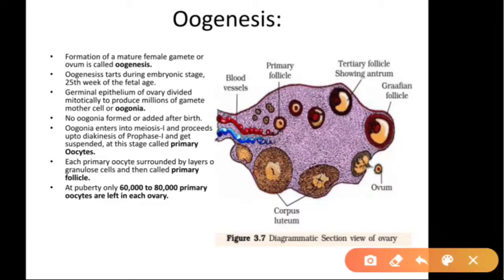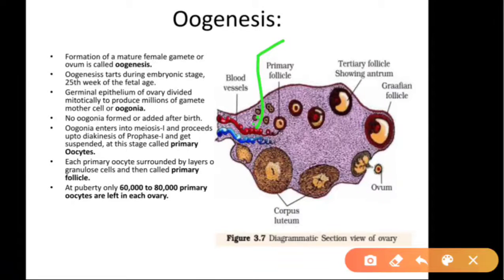Here you can see the detailed structure of the ovary. This is the ovary. You can see here there are many ova. Oogenesis starts before birth, during embryonic development of the female baby, and the germinal epithelium of the ovary divides mitotically to produce millions of gamete mother cells.